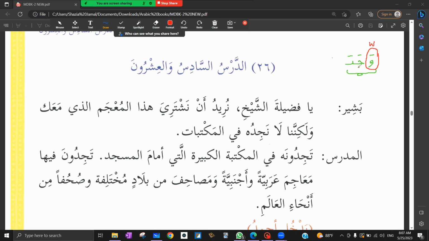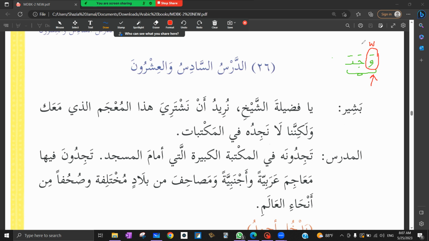You are going to learn all these types of verbs in this lesson, how to make the mudare of these kinds of verbs, and the command of these verbs which have a weak letter at the start.